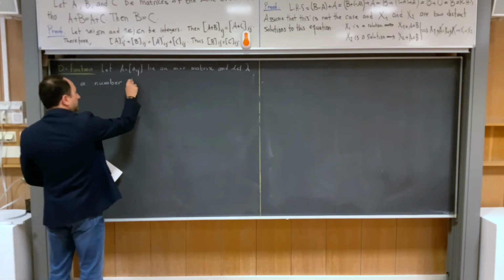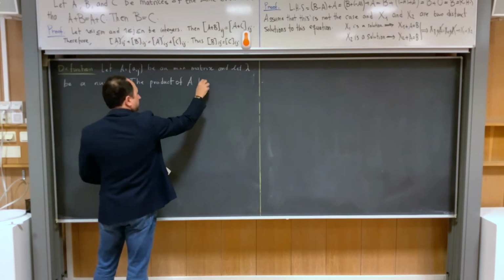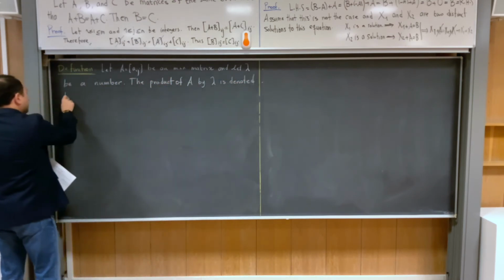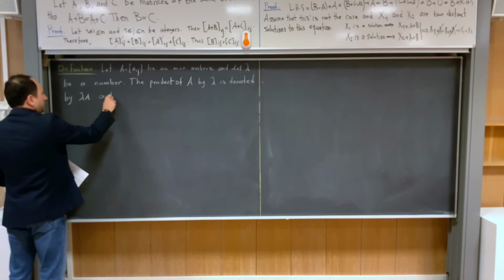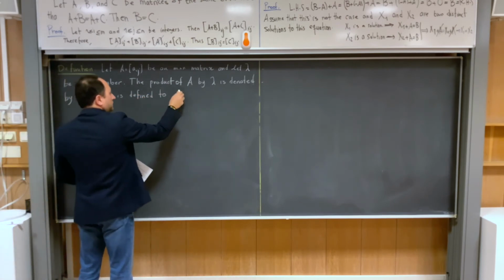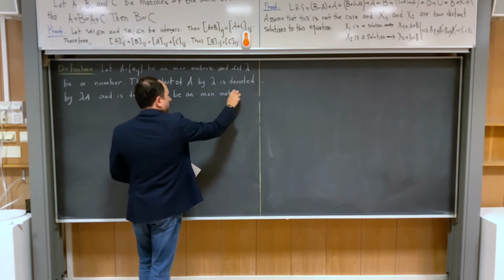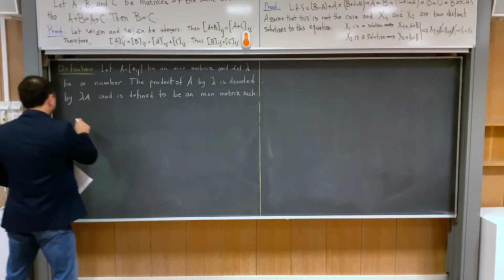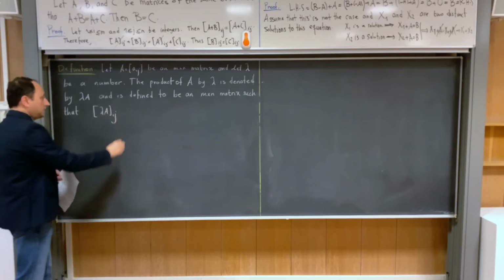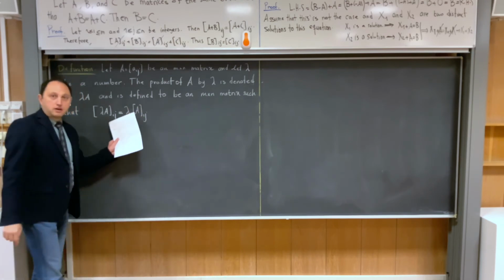The product of A by lambda is denoted by lambda A, and it is defined to be an m by n matrix such that the ijth entry of this new matrix is defined to be lambda times the entry on the ith row and jth column of matrix A.